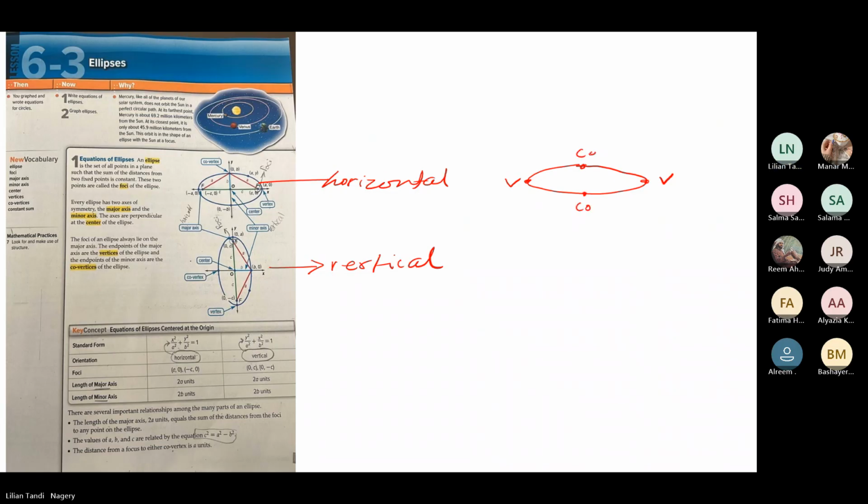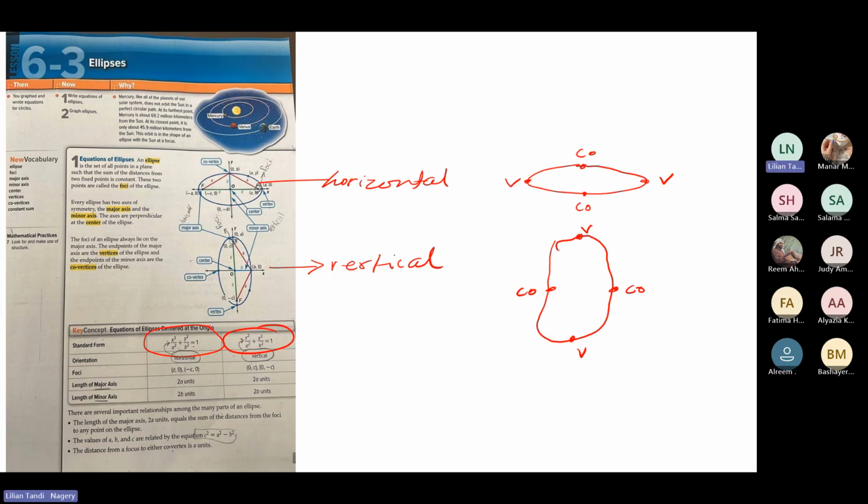If it is vertical, these are the vertices and these are the co-vertices. Up to here, we are good? And the equation, the kanun, for horizontal is this one, and the kanun for vertical is this one.